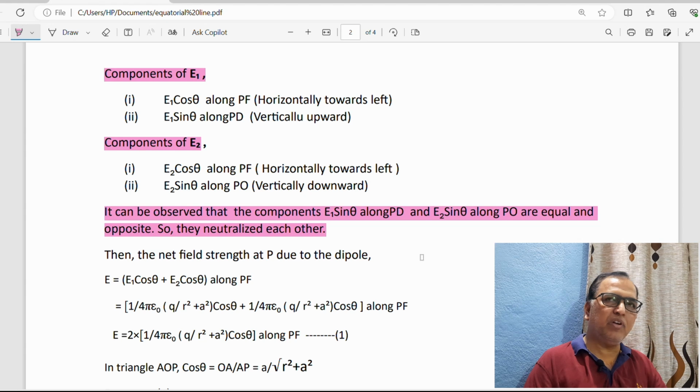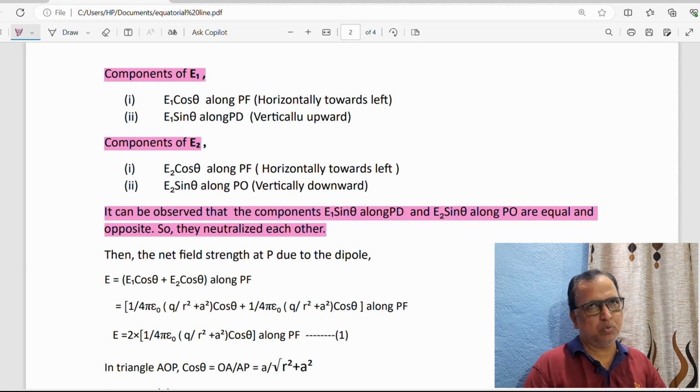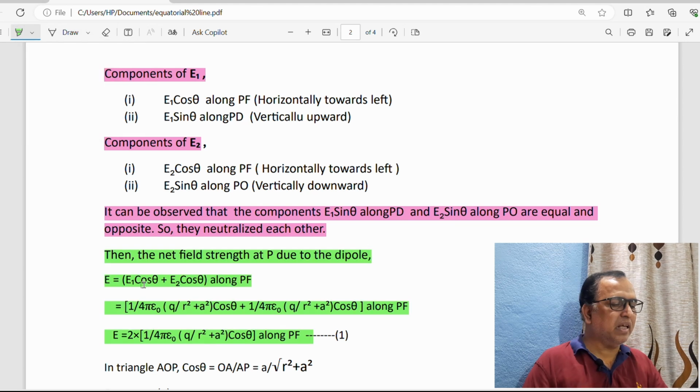Then what is the net field strength at P due to the dipole? E is equal to E1 cos theta plus E2 cos theta along PF. E1 and E2 are the same.